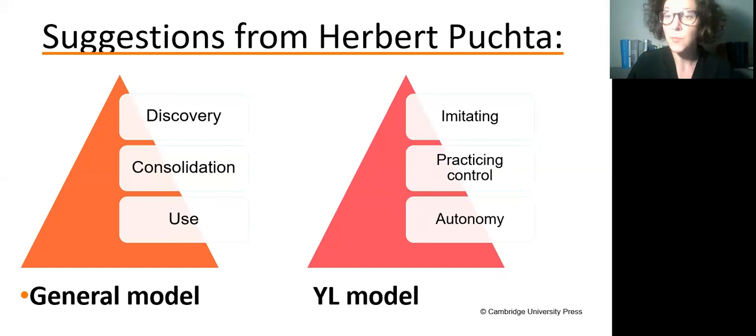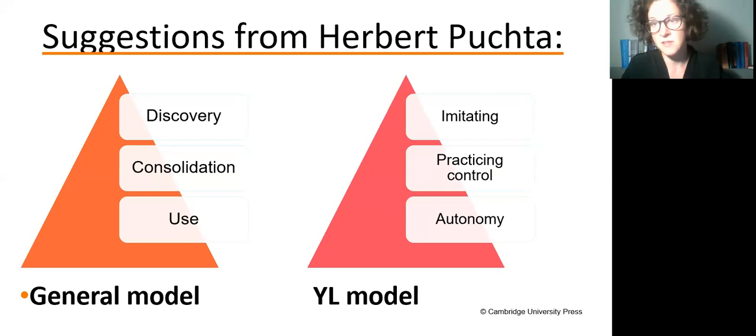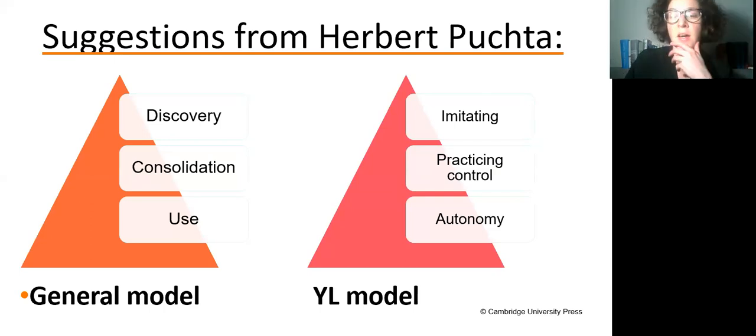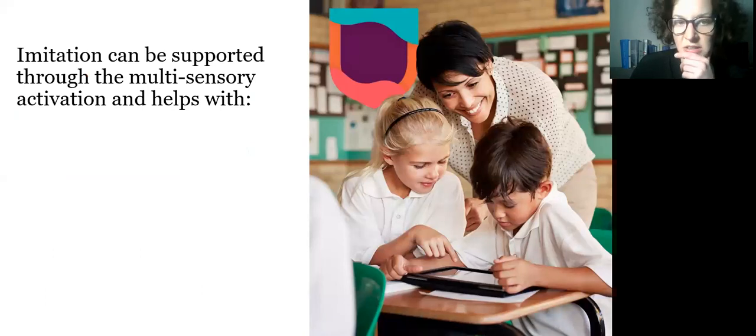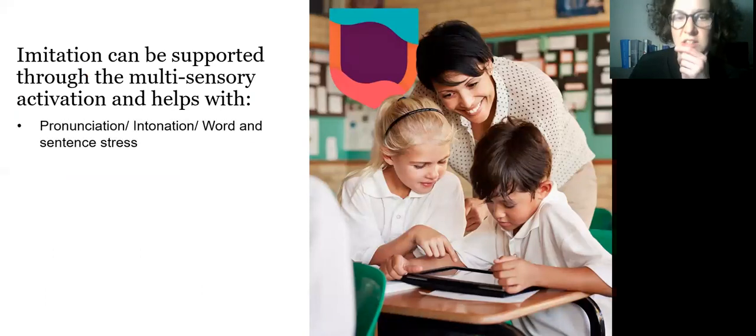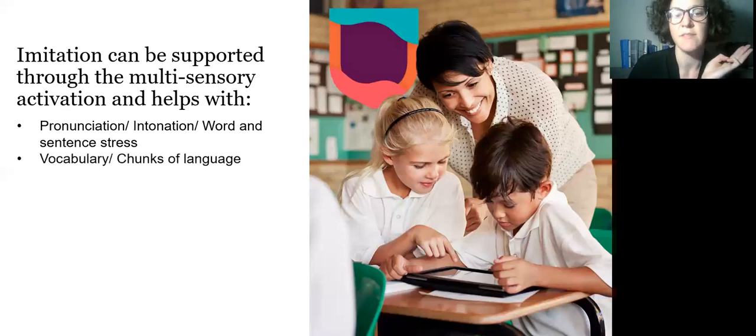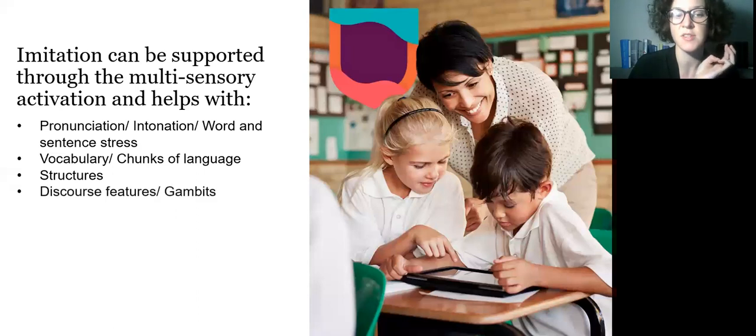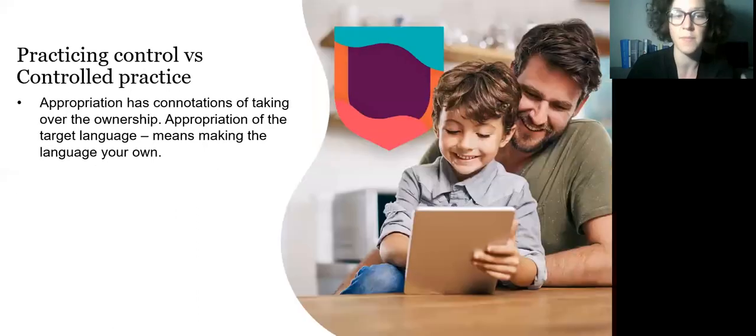Then practicing control, self-monitoring, and so on. And then autonomy in using this language that we've been imitating. Now, imitation can be supported through multi-sensory activation and helps with pronunciation, intonation, word and sentence stress, vocabulary, chunks of the language, structures, discourse features, and gambits.